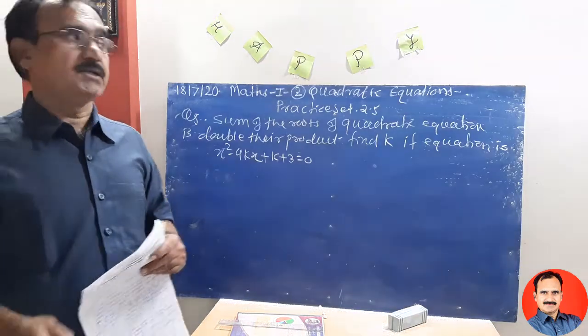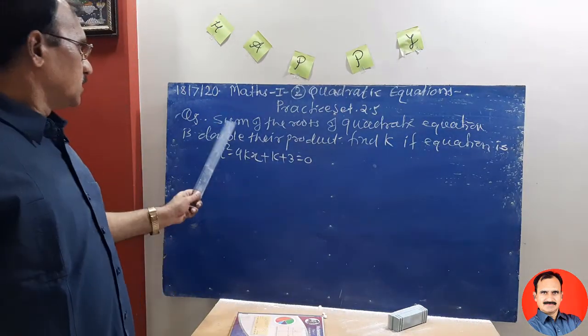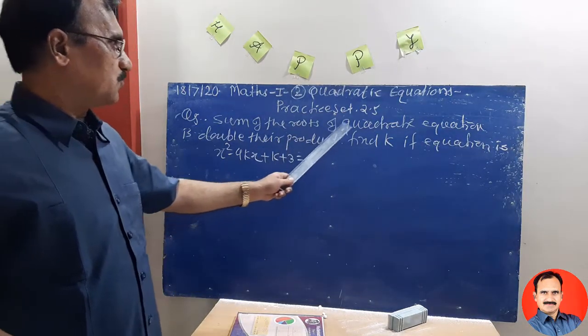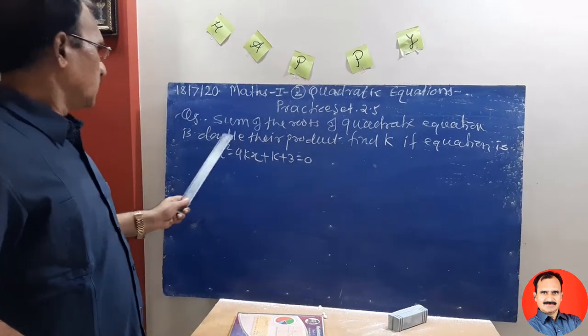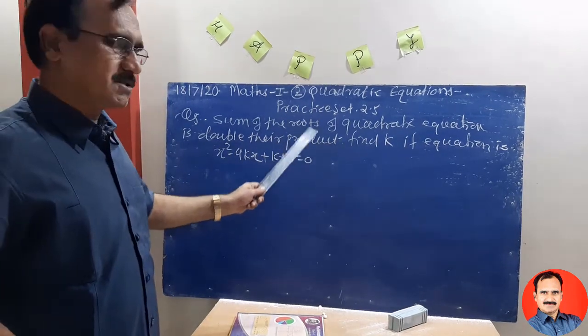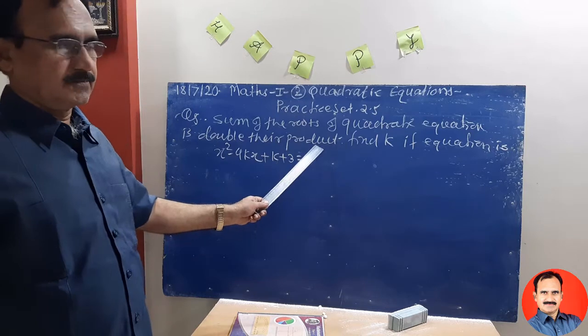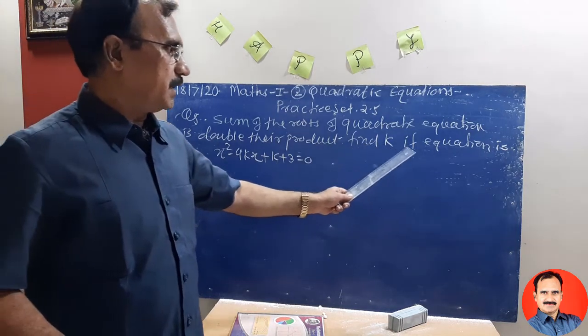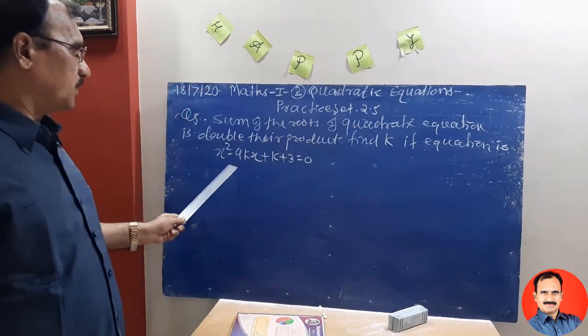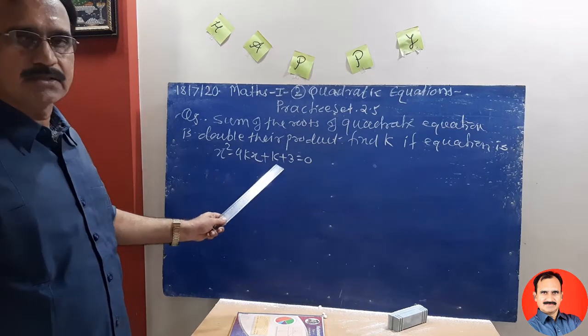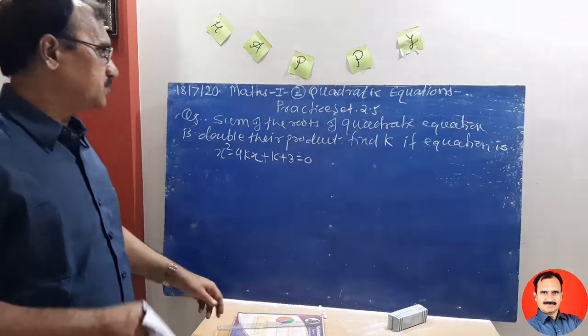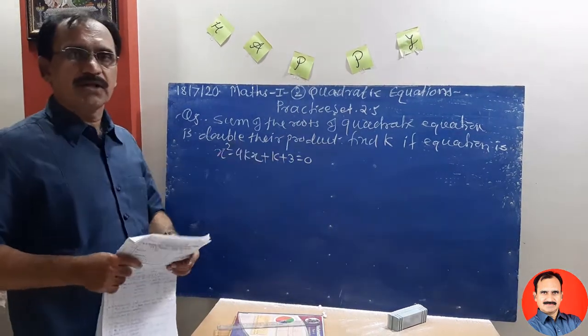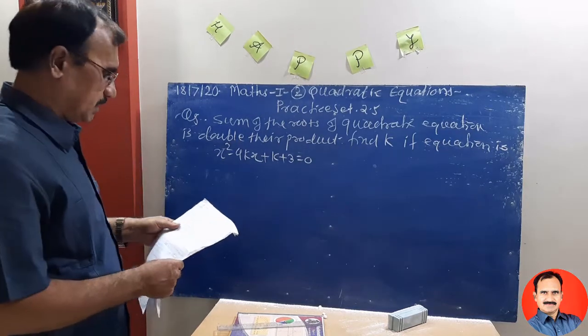Now see what is given here. Sum of the roots of quadratic equation is double their product. This is most important condition. Find k if equation is x square minus 4kx plus k plus 3 is equal to 0. Now here roots are not given, means let alpha and beta are the roots.